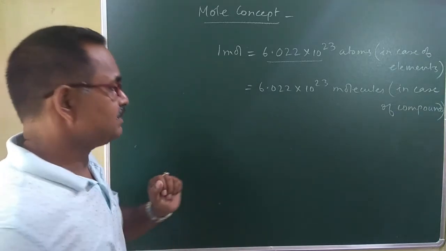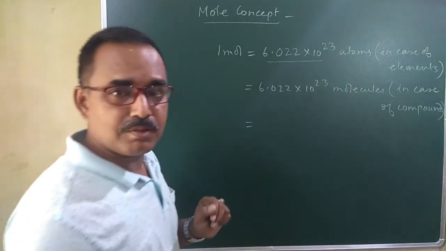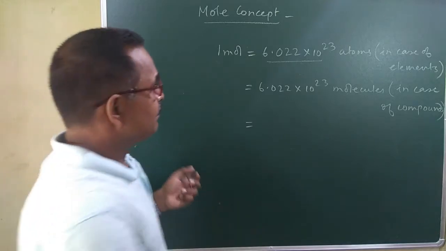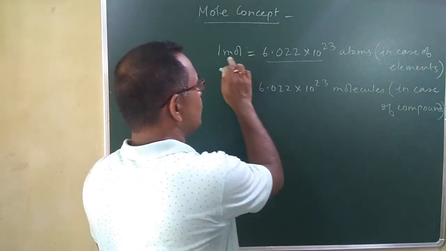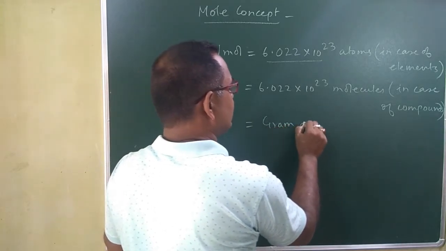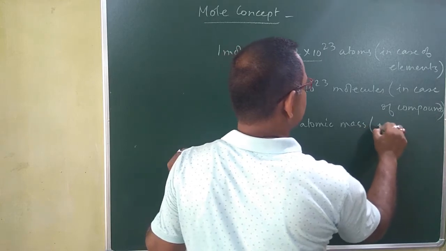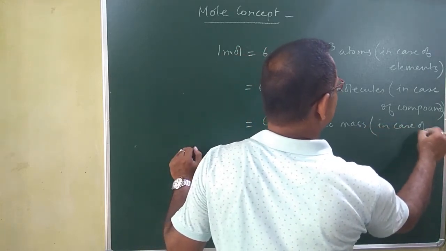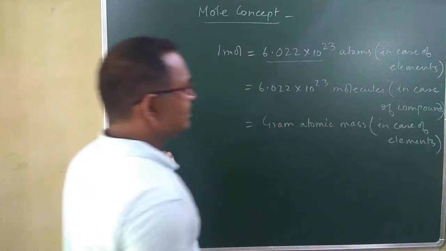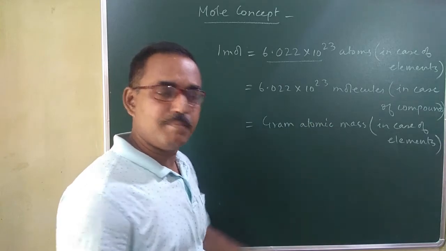Then come to the definition of mole in terms of mass. Mole can be defined in terms of mass also. In case of elements, one mole means gram atomic mass of the element.